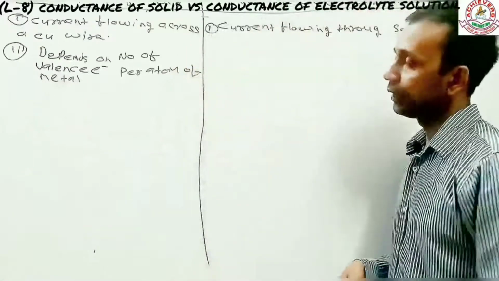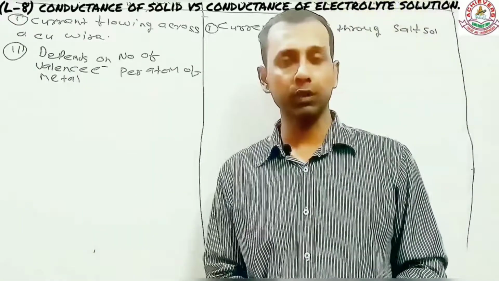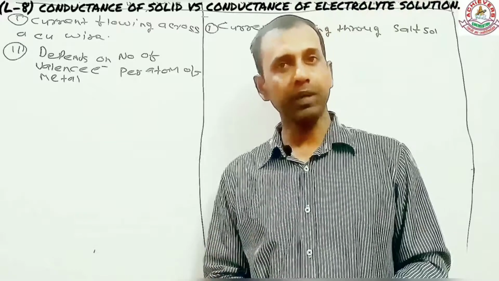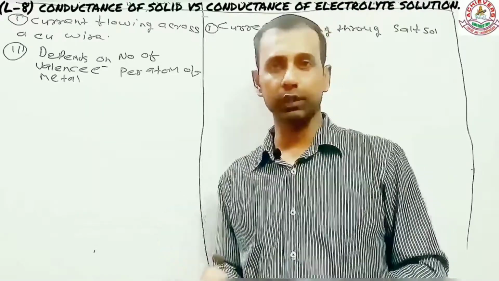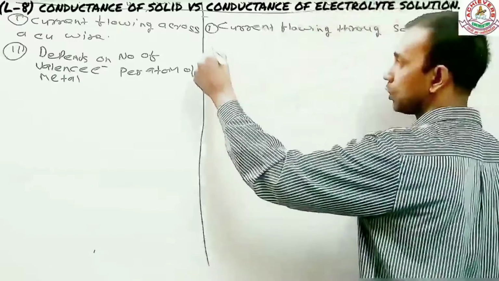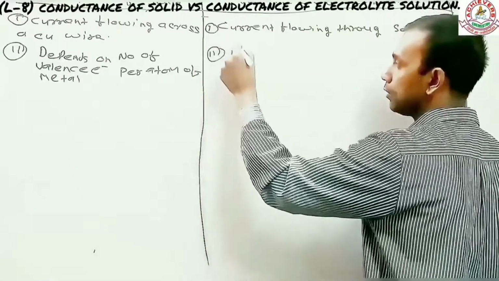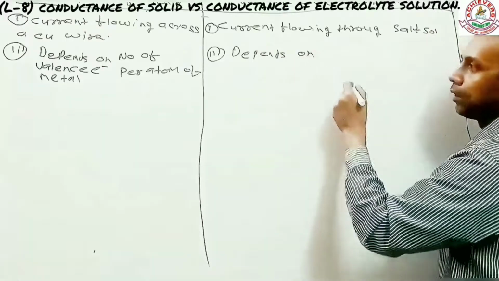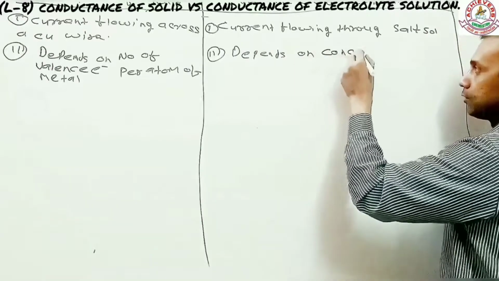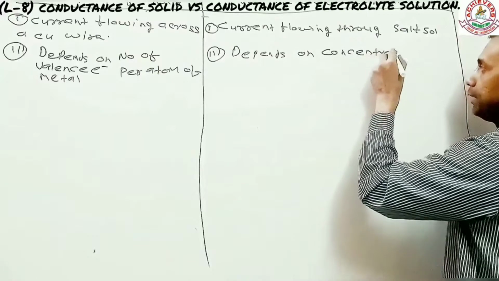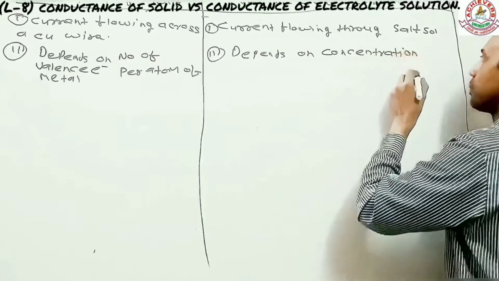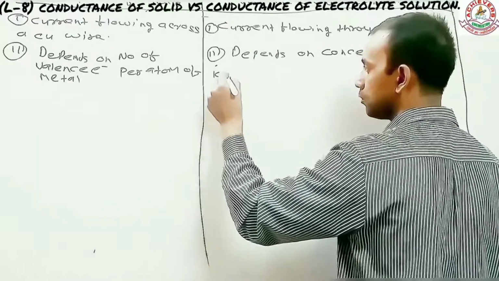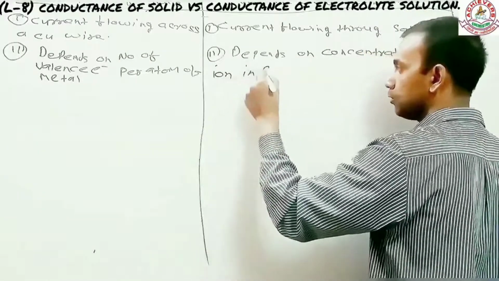What that means? The conductance of solid depends on electron, and it basically depends on the valence electron. So more the number of valence electron, higher will be conductance of a solid. There it depends on concentration of ions in the solution.